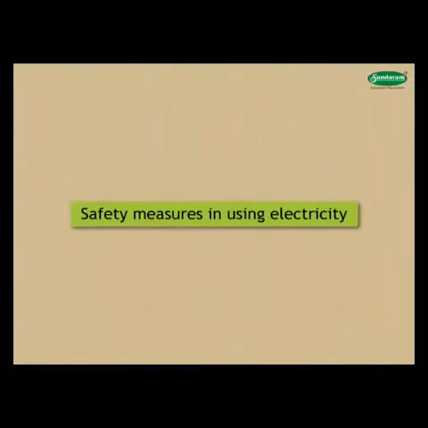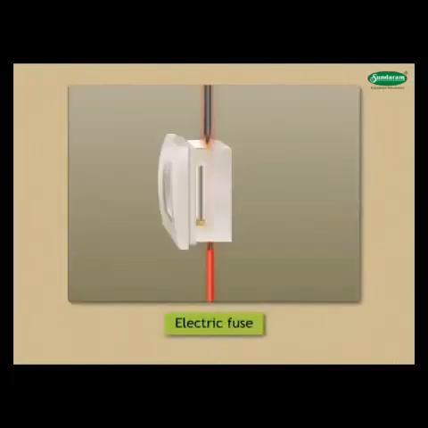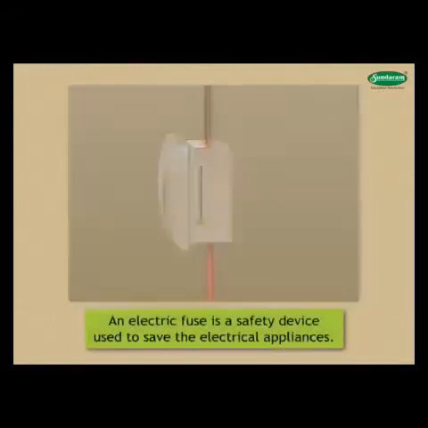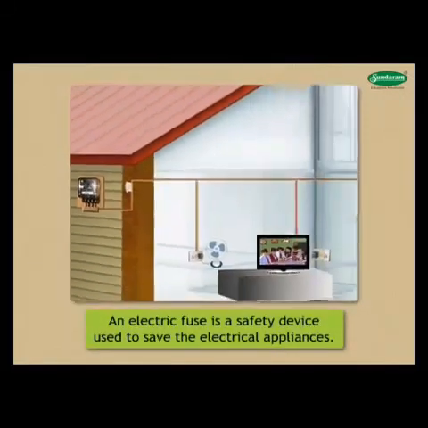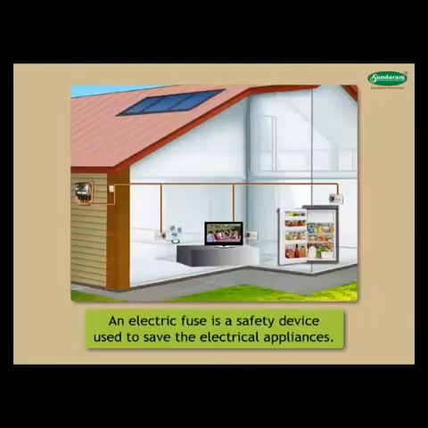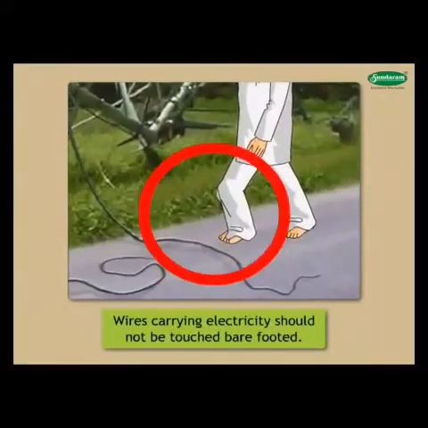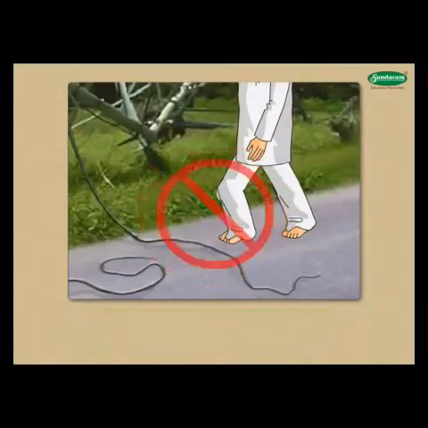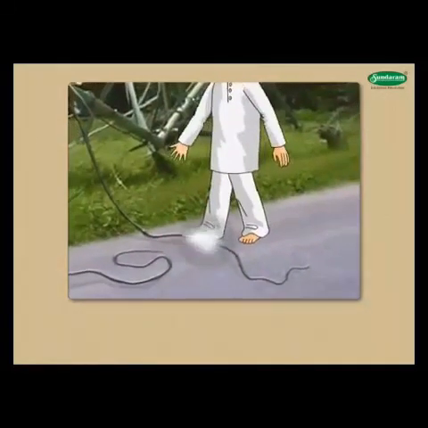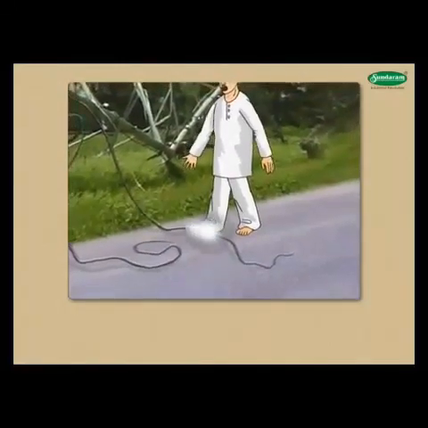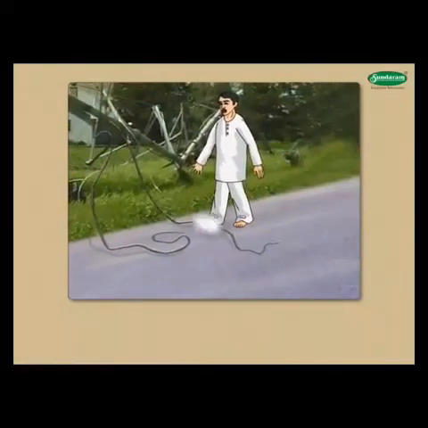What are the safety measures to be taken in using electricity? Electric fuse. An electric fuse is a safety device used to save the electrical appliances. Wires carrying electricity should not be touched barefooted. If we touch the wire barefoot, a large current may pass through our body, so we may receive a severe shock.